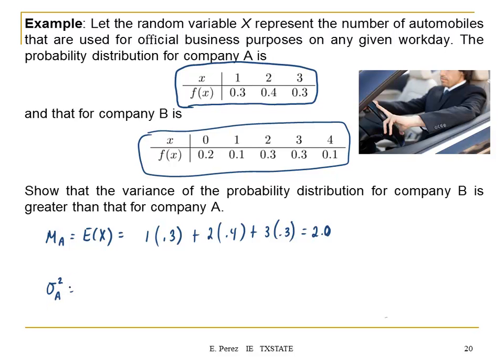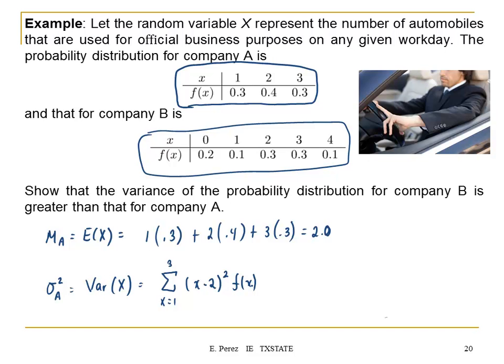And we can use the mean to compute the variance. So the variance for A, Var of x, is equal to the summation from x equals 1 up to 3 of x minus mu squared times f of x. And what is the value of mu? 2. So this is how we define the formula for the variance, because we know the value of the mean.